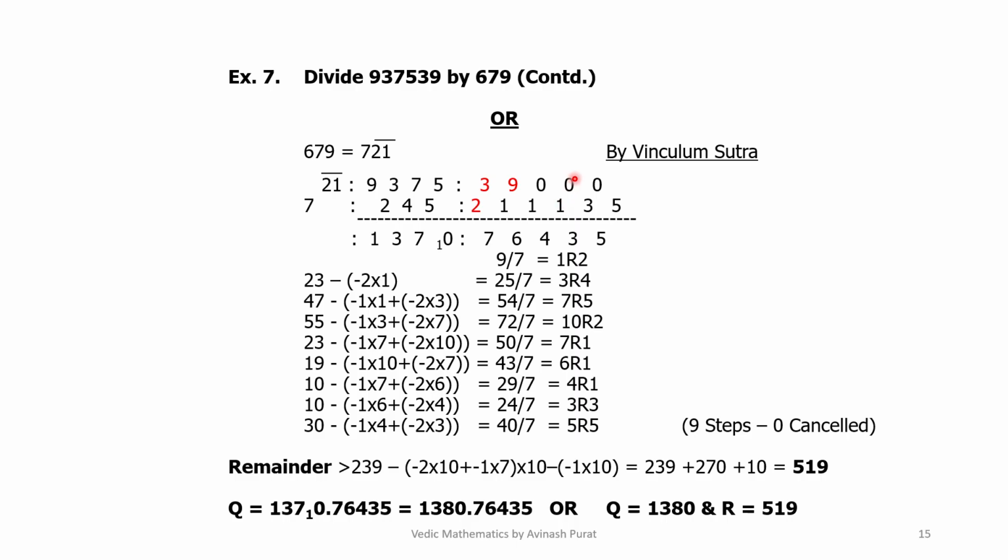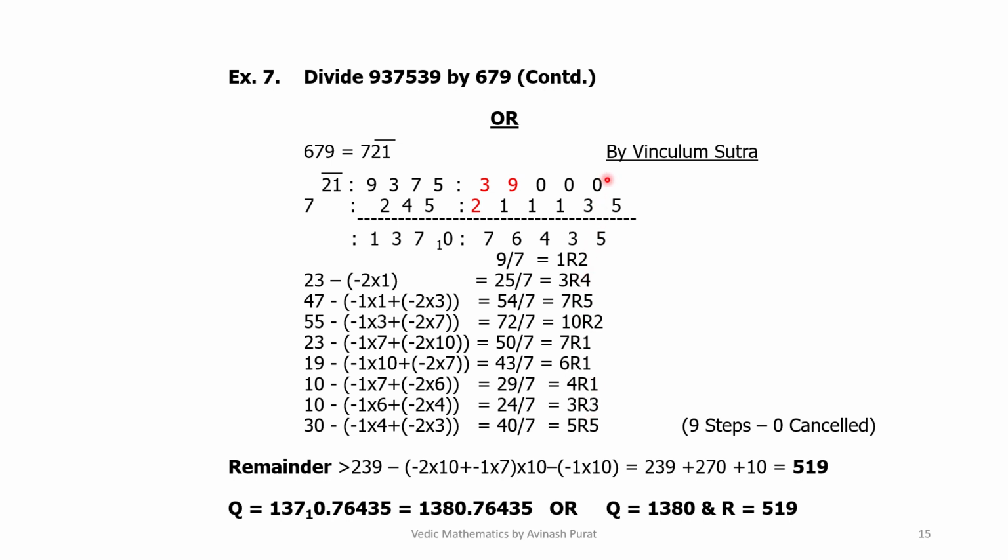Now this 10 is the dividend minus 1 into 6 plus minus 2 into 4 equals 8 plus 6, 14. 10 plus 14, 24, divided by 7. So the answer is 3 as quotient and remainder is 3.